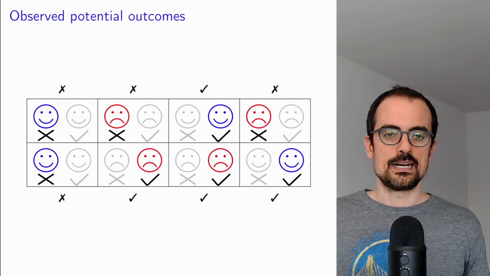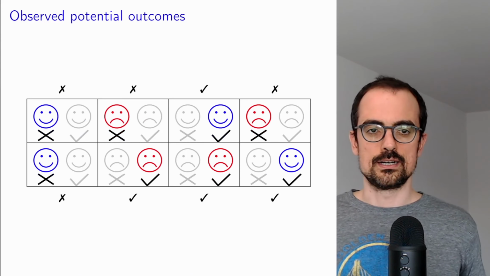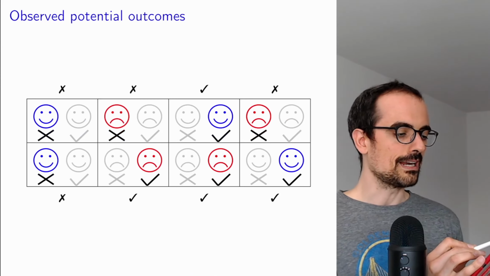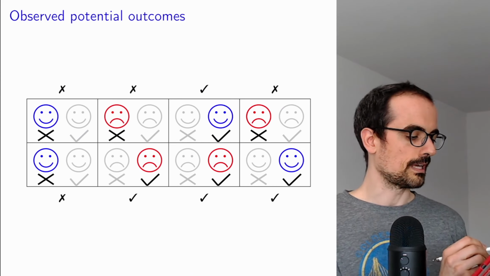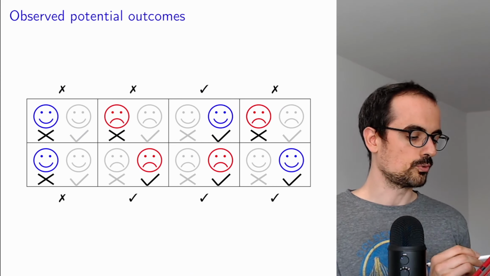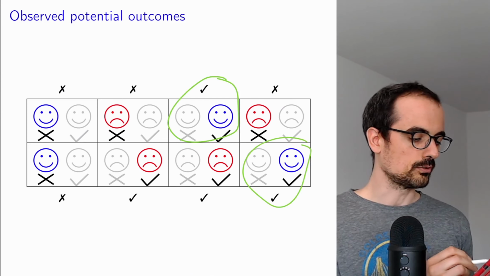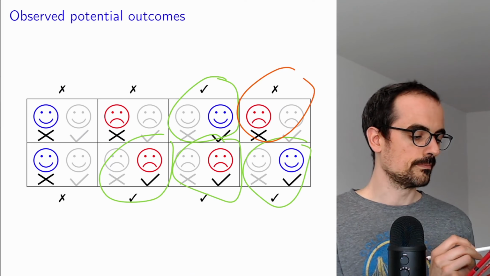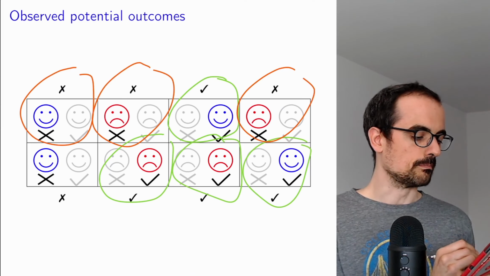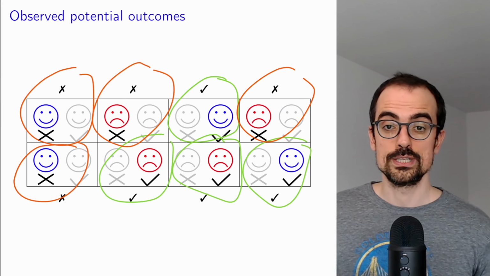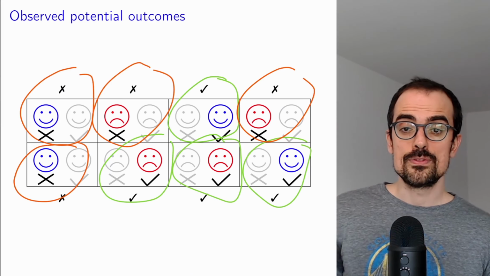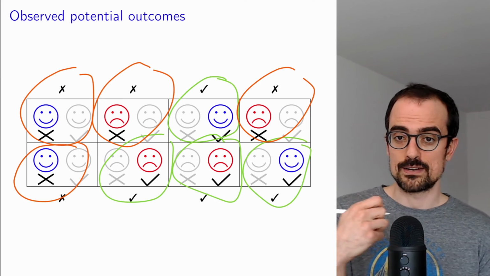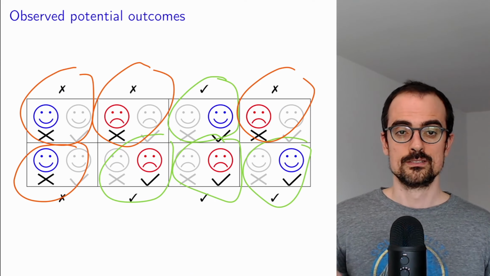Okay. Again, we have this reality where we observe what we observe. Like for the people that were treated, we only get the potential outcome associated with treatment. And for the people that we didn't treat, we get the potential outcome associated with no treatment. But now these two groups are not systematically different, because we have just randomly assigned people.